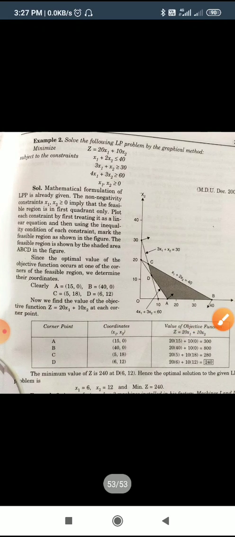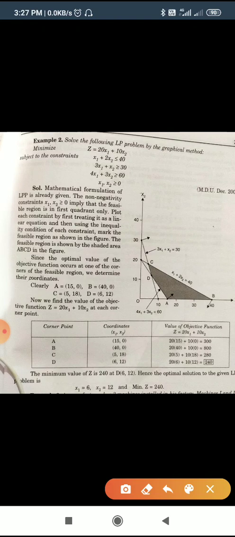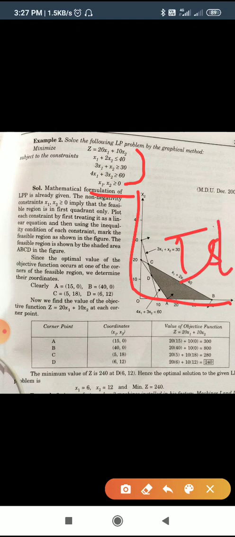Next one, we take another example of minimization. Now first of all we find the shaded area by these three restrictions and the non-negativity condition. Non-negativity conditions mean the region always lies between these axes in the first quadrant.